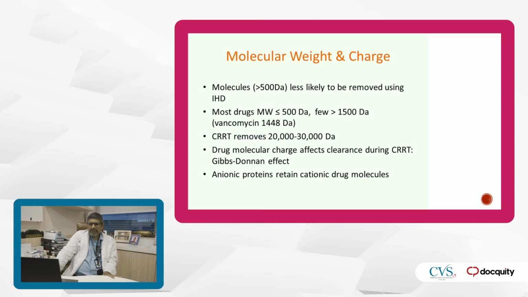With CRRT, because it's a continuous process, you can actually remove drugs up to 20,000 to 30,000 daltons. So this is a major problem with dialysis in ICU settings, because drug removal is always a big problem. Ideally, we should be able to monitor drug levels when we give these drugs, but unfortunately in Malaysia, for many of these drugs we can't measure levels except for a few of them.